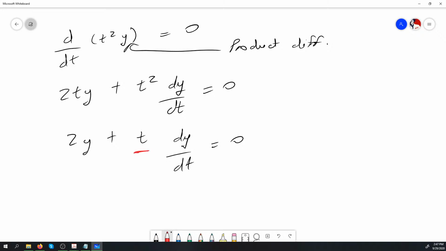And because we have this t factor here, that basically means the equation depends on t. So the entire equation is time variant.